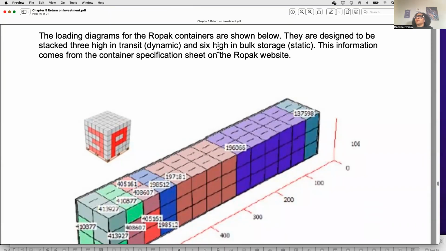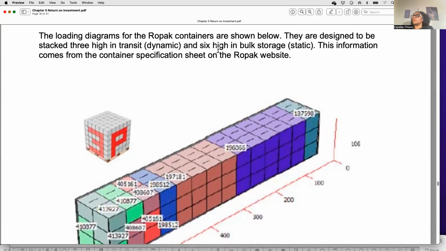But when they go to bulk storage in the static state where they're not moving, these could stack based on the weight of the product and the capacity of those containers. They could actually stack them 6 high.